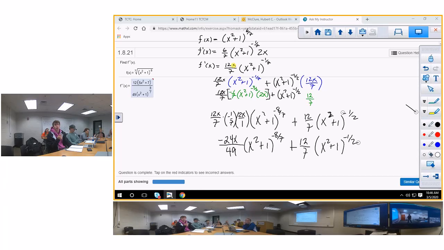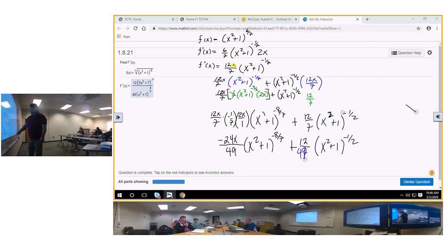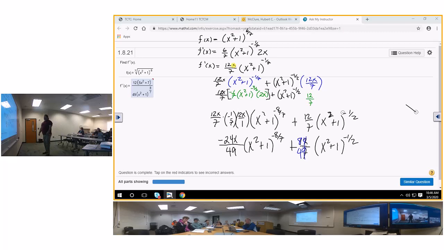Is it when you multiply by 7, the right half of the problem, to get the common denominator? Well, you would get a 49 here. 7 times 12 is what? 84? Yeah. But you don't multiply inside the parentheses? No, you can't touch it because it's under a radical. And this right here, that comes downstairs.